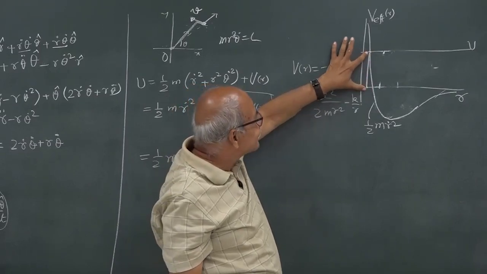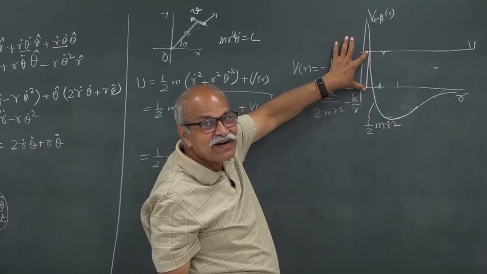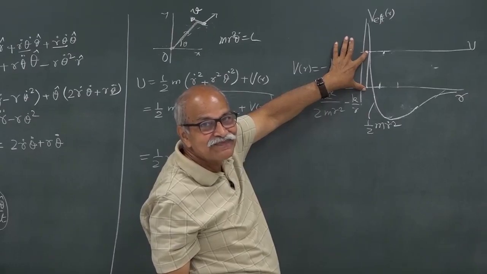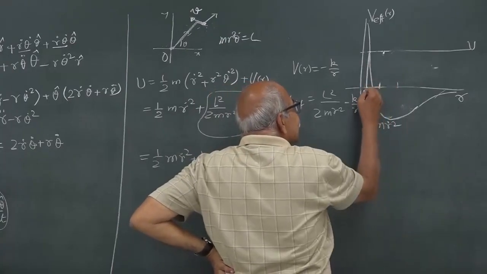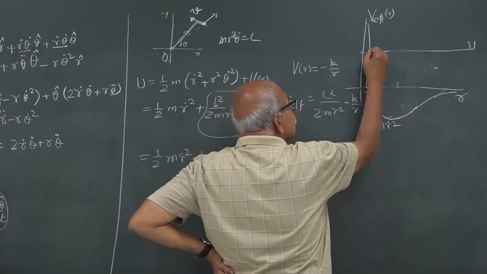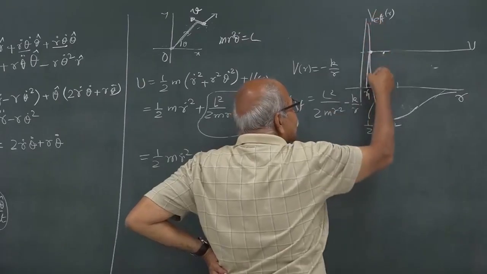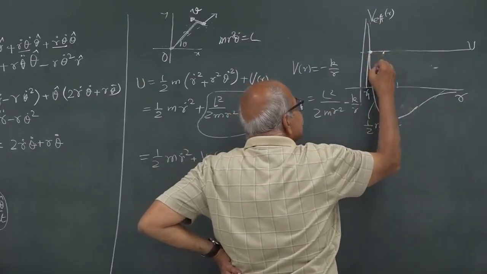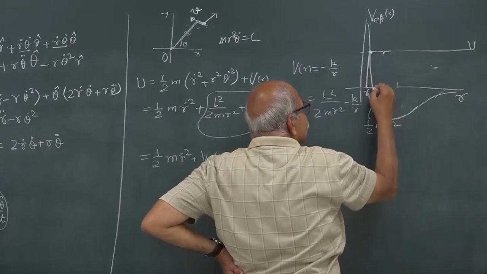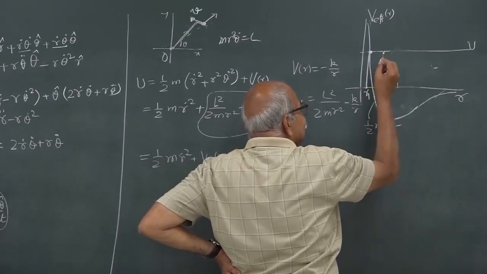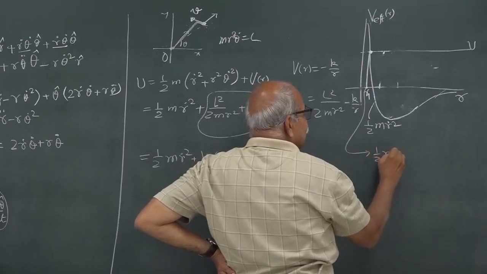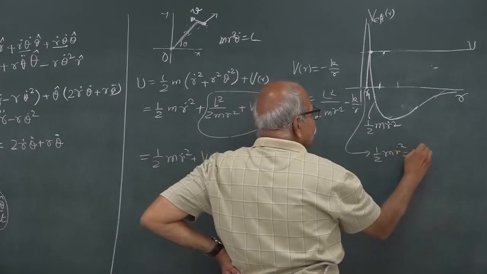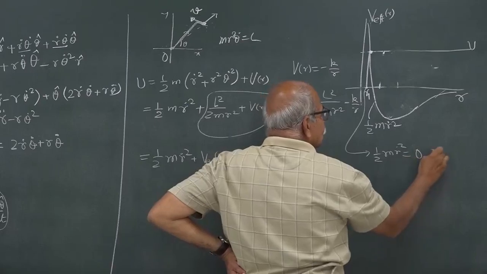This is the total energy. How much is half m r dot square? Zero. Okay. So, when the particle reaches this point, let me call it r1, and the corresponding point on this curve is here, then you have half m r dot square equal to 0. So, for this r1, half m r dot square is 0, so r dot is 0.